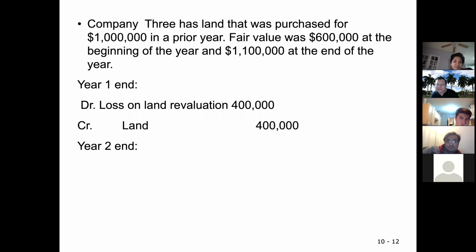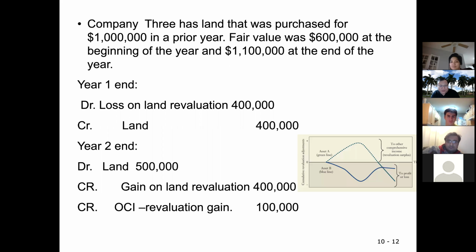I would say you debit land 500 and credit OCI 500. Okay, two answers. Anyone else? Would you credit gain on land revaluation for 400 and then OCI for the extra 100,000? Okay, very good. Thank you.